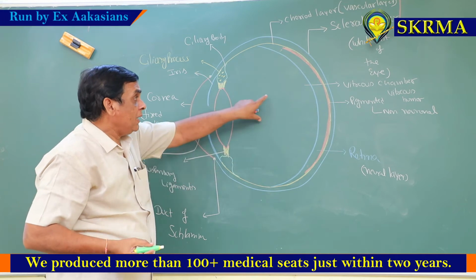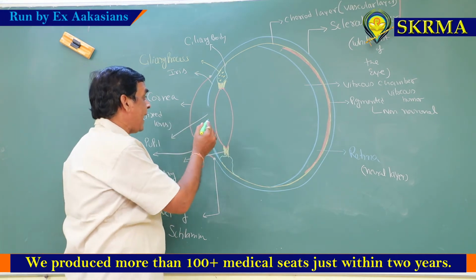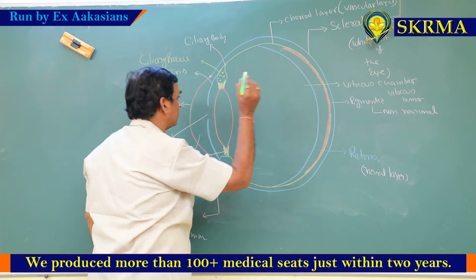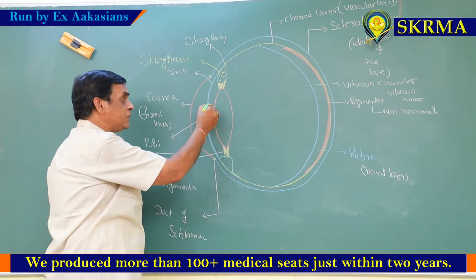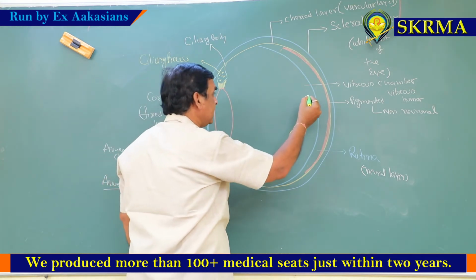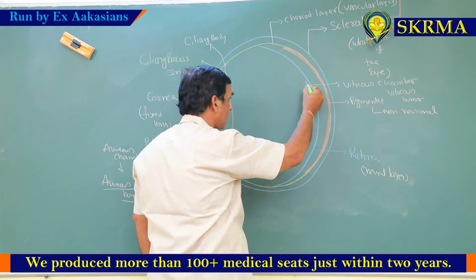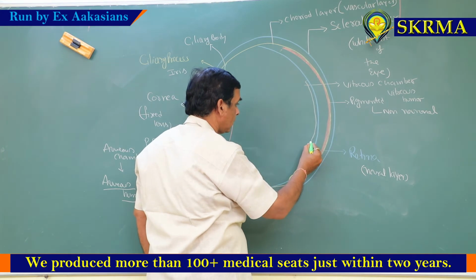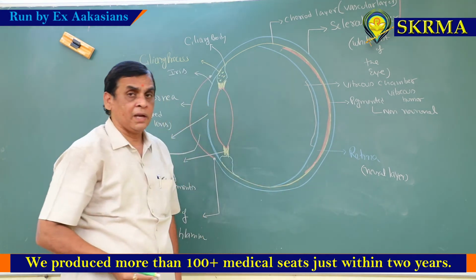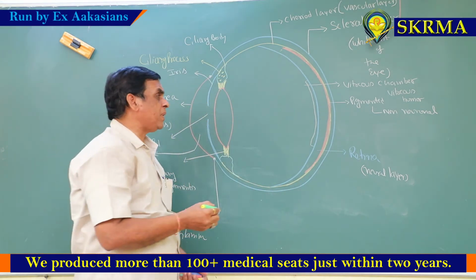Now you see, let me explain this part. Exactly opposite to the pupil, particularly in this area, rods and cones are present.